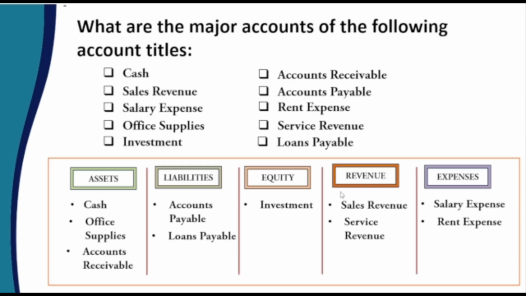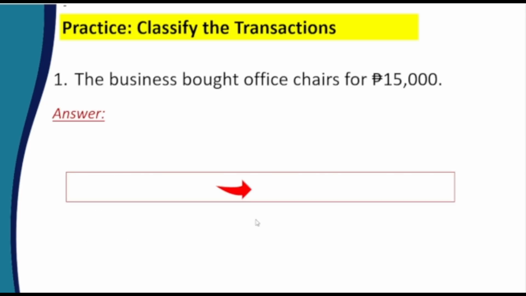Next, loss payable, yun sinabi ko kanina, pag may utang tayo, that is under liability. Now, let's practice this, no? These are some common transactions na mamit natin sa ating business, no? So, ang gagawin natin dito is to classify the transactions.